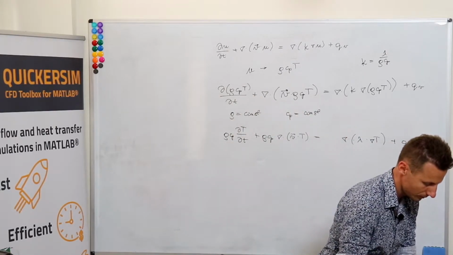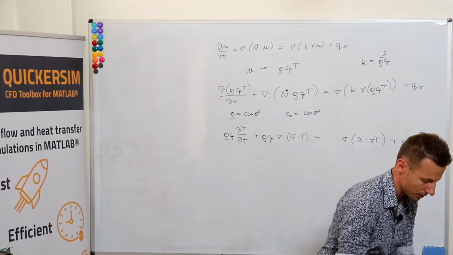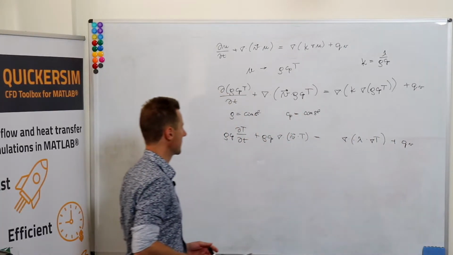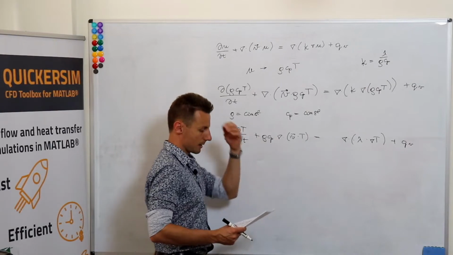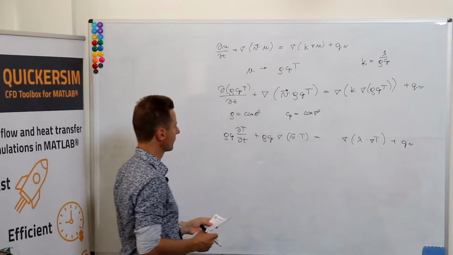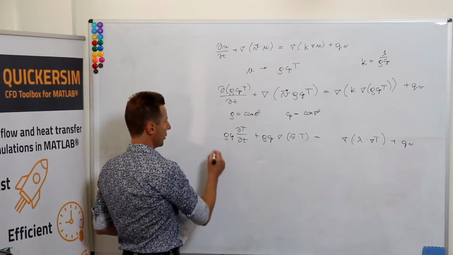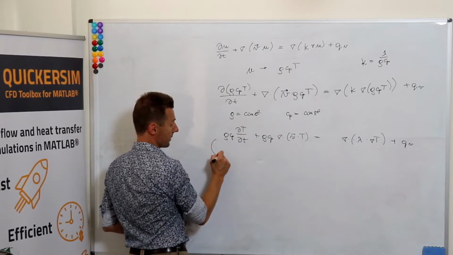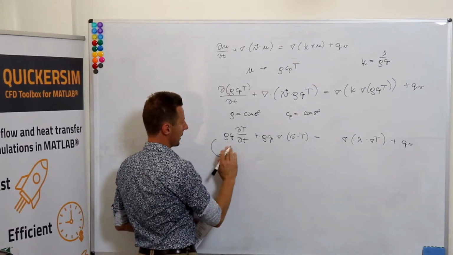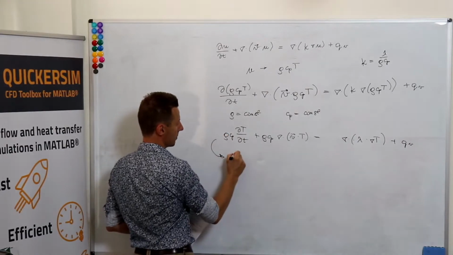Okay, that's the simplification, like assuming that density and heat capacity are constant. Very, very often you will see that this is written and this is solved in the alternative way. Just let's omit rho Cp.